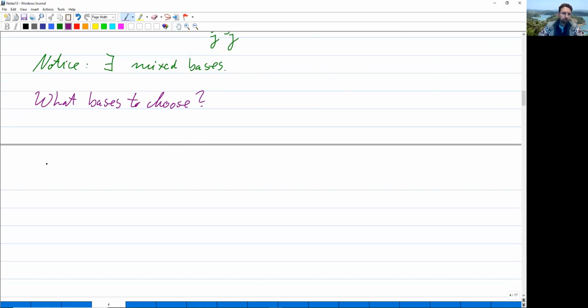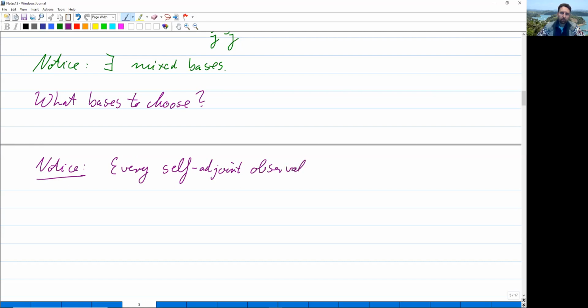Namely, notice we have that every self-adjoint observable f hat possesses a so-called eigenbasis.